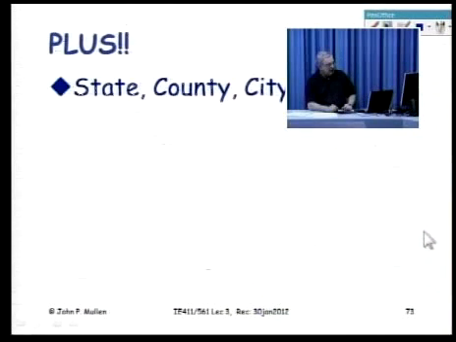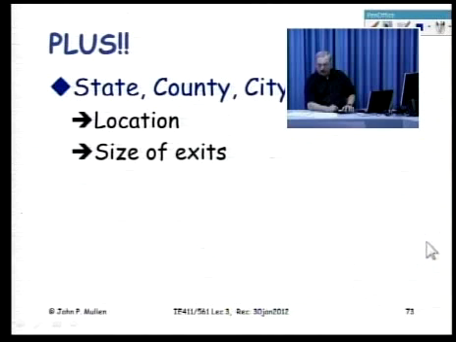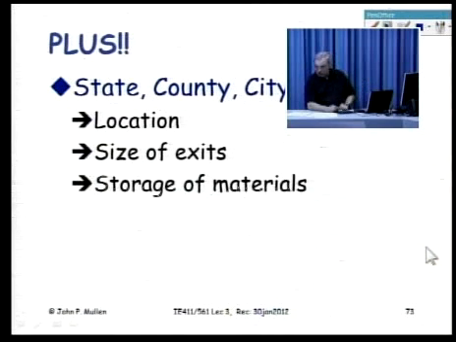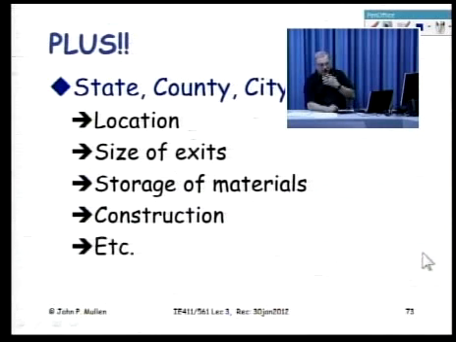And then on top of that, we have state, county, city. Depending on the location, we look at the size of exits for fire codes, storage of materials for about 5 different reasons, the way things are constructed, et cetera, et cetera, et cetera.